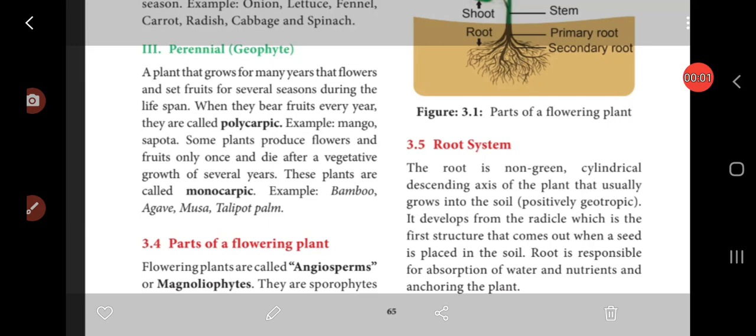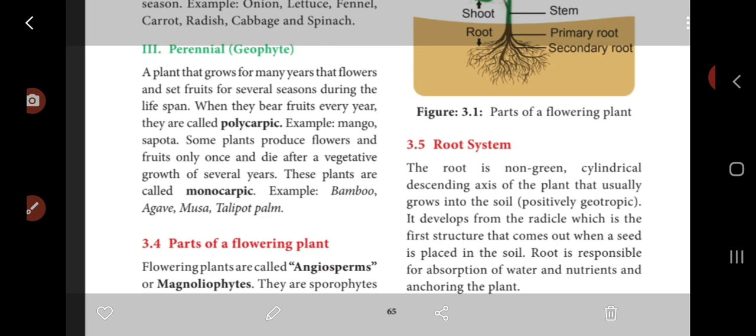Now, root system. The root is the non-green, cylindrical, descending axis of the plant that usually grows into the soil, positively geotropic. It is not green in color as it lacks chlorophyll. Cylindrical is the shape. Descending axis of the plant means the root system is present descendingly, but the shoot system is present ascending on the axis of the plant.